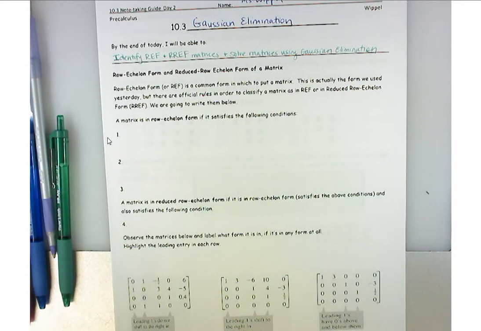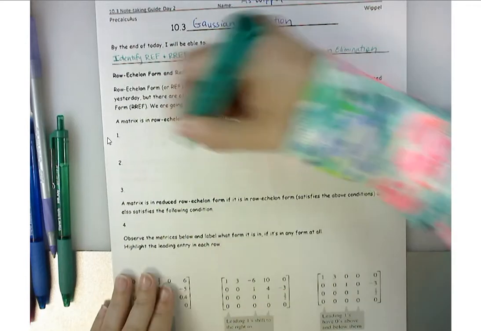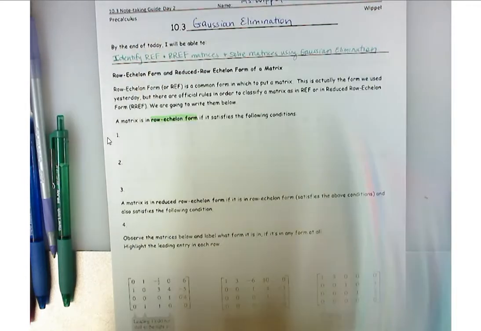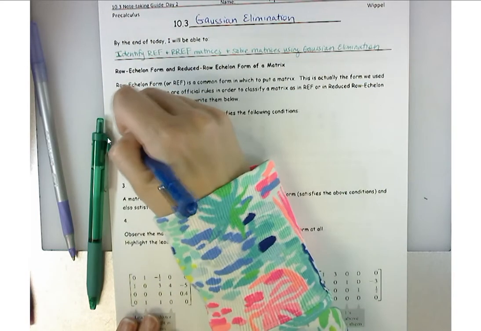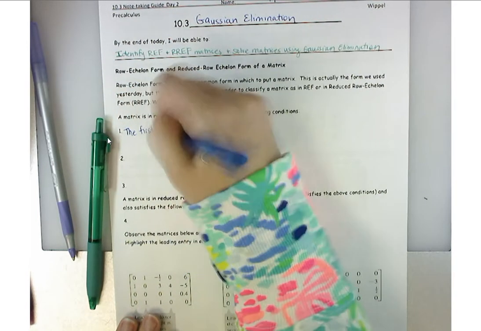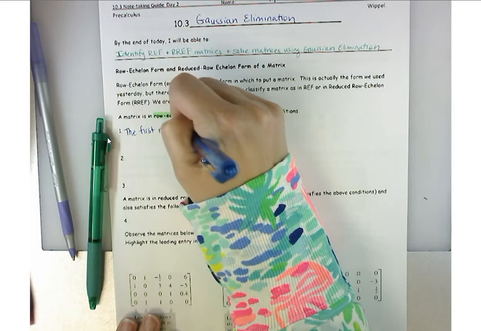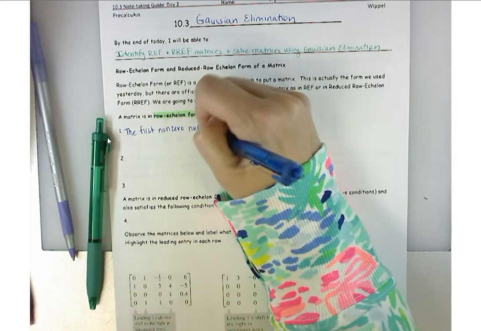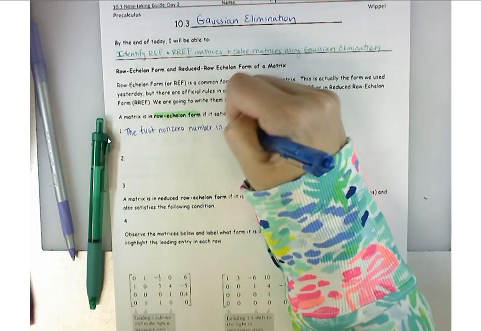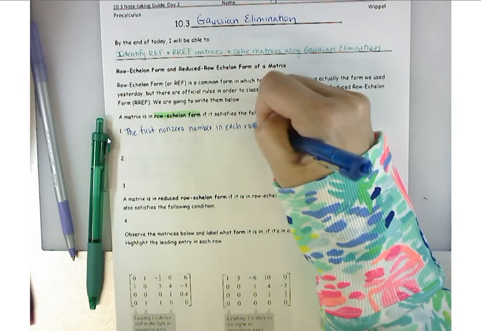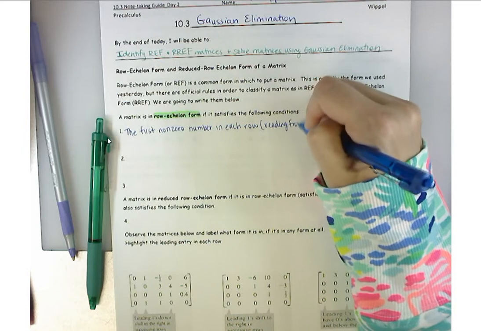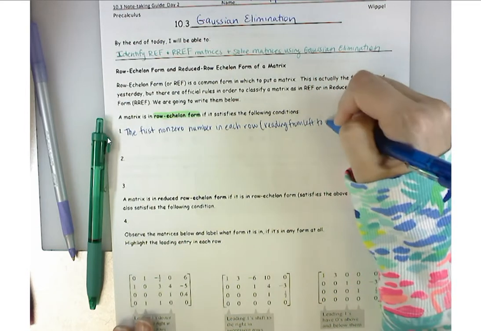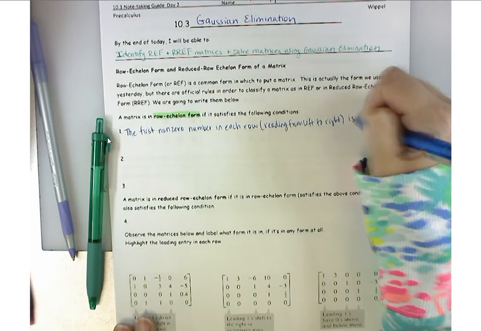So the matrix is in row echelon form if it satisfies the following conditions. So the first condition is that the first non-zero number in each row when you're reading it from left to right is 1.